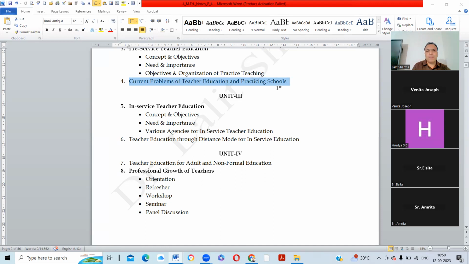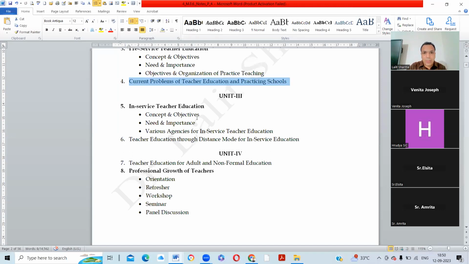Sometimes, due to the lack of resources and the lack of finance, students are not given the best facility. Which students? Prospective teachers. Try to understand what is written.